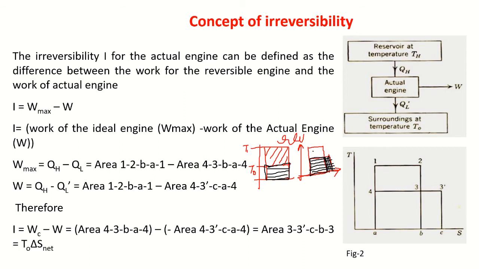And because of that, what happens? Work will not be maximum. This is the area of the work done. This part, I call it irreversibility.